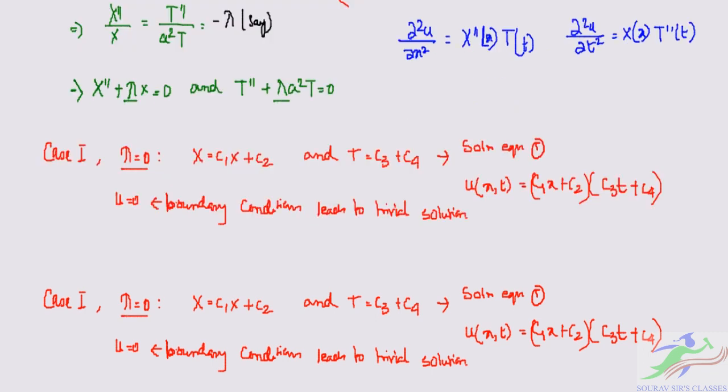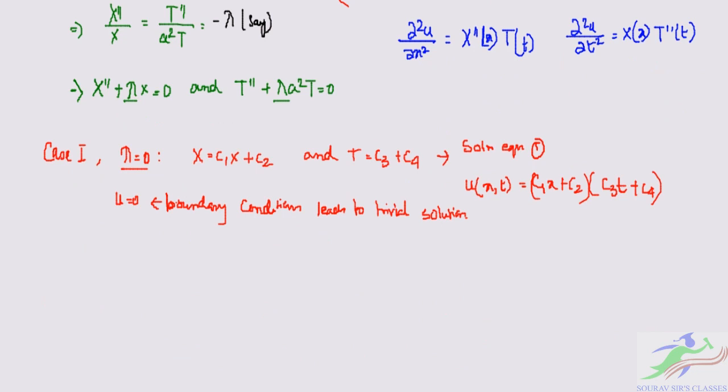Now for the second case, let us take lambda equal to minus alpha square, where alpha is greater than 0.